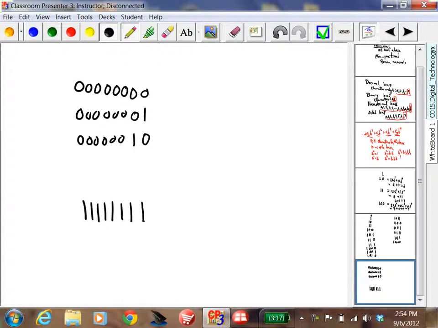Now, anything that's a power of 2 minus 1 is all ones, like in the decimal number system, anything that's a power of 10 minus 1 is all 9s.